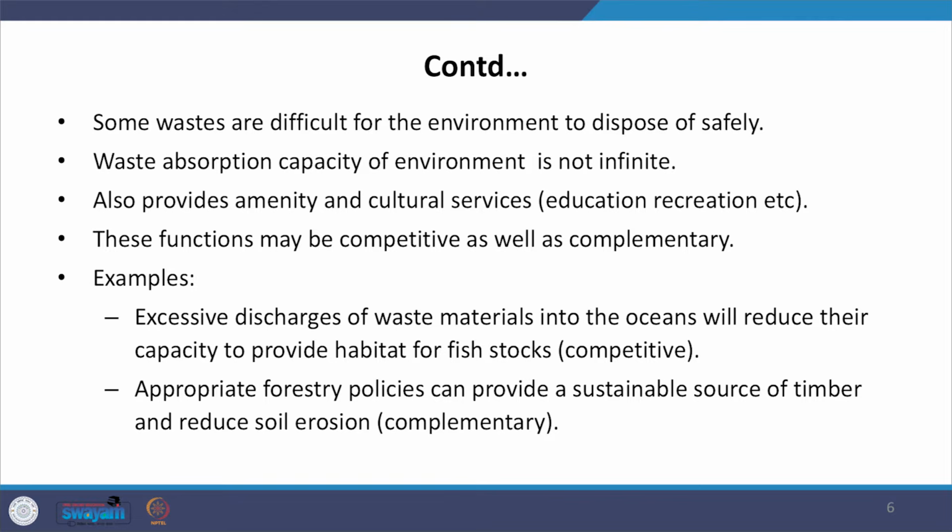The environment also provides us various kinds of amenity and cultural services, like recreation, education, etc. Many scientific advancements are based on insights received from nature, like Newton's law. When the scientist looked at an apple falling to the ground in nature, he got the inspiration to develop this law.